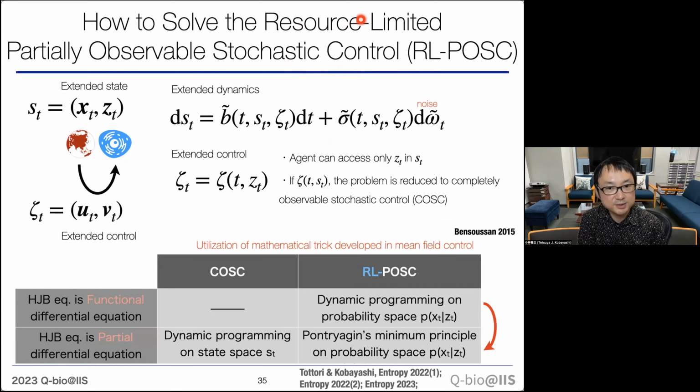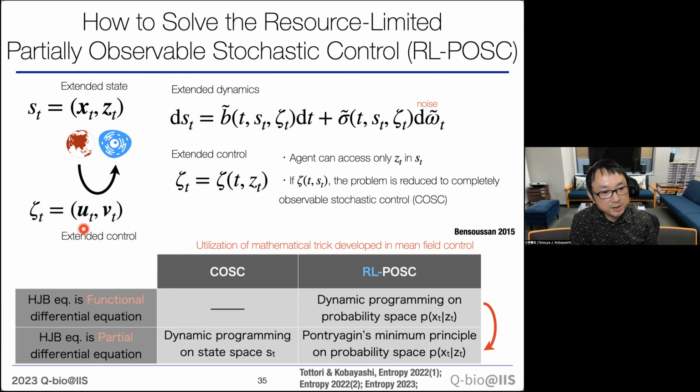So this is a resource-limited partially observable stochastic control. The idea to solve this problem is first to introduce an extended state. Extended state S is a concatenation of the state of the environment and the state of the agent.